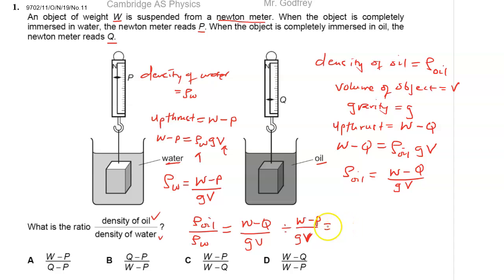This will give us W minus Q over gV times gV over W minus P. Of course, this will cancel. What we get is W minus Q over W minus P. And that happens to be the answer, which is right here, D.